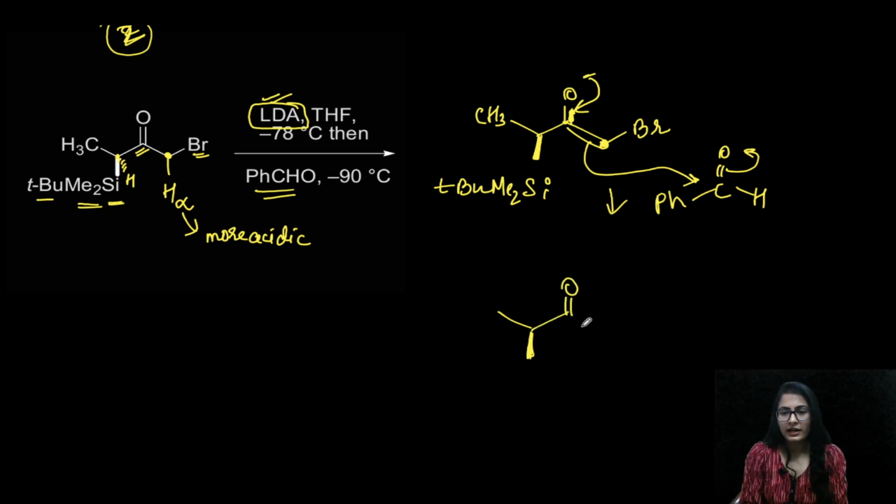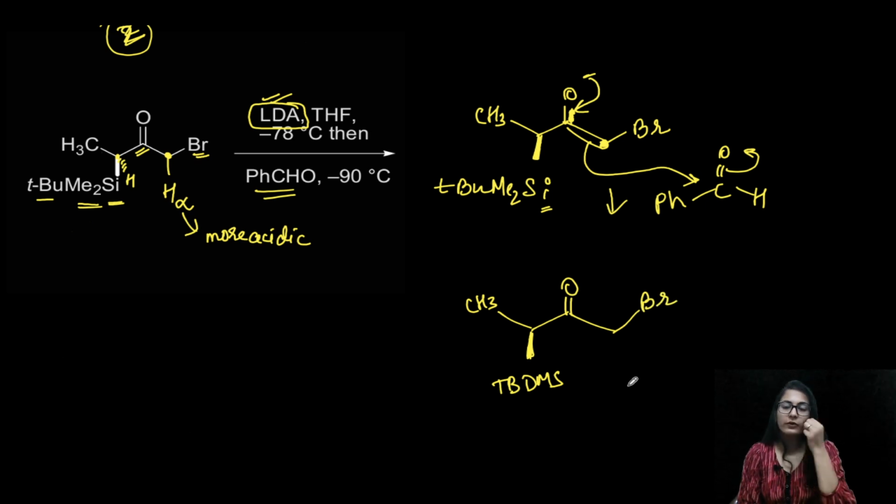So we are having the ketone back, and this is our methyl, and I am directly writing it TBDMS, connected through silicon, and finally the bromine is going to be like this. Now one thing that you have to take care of about the stereochemistry is that the bulky group, which is the tertiary butyl dimethylsilyl group, it is above the plane, it is given in the question.